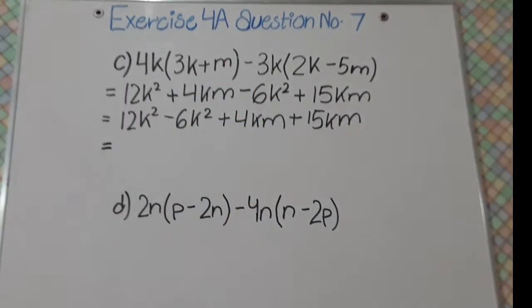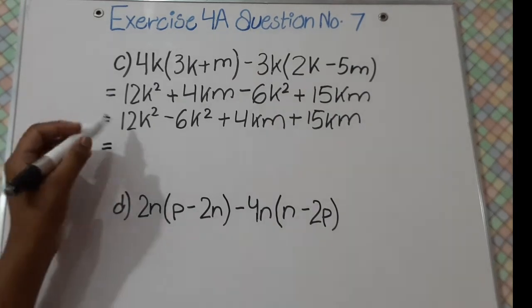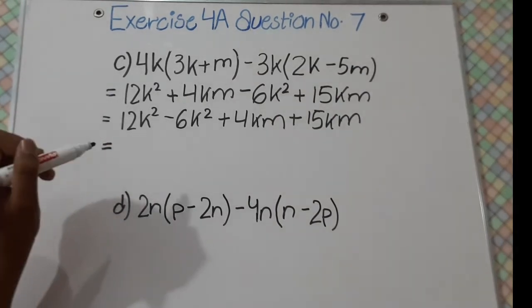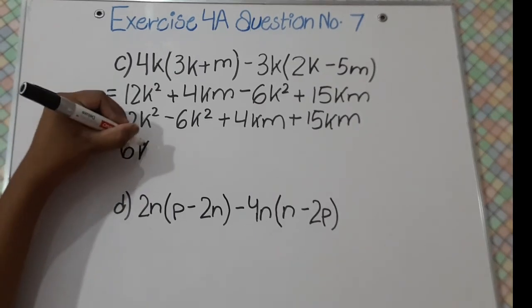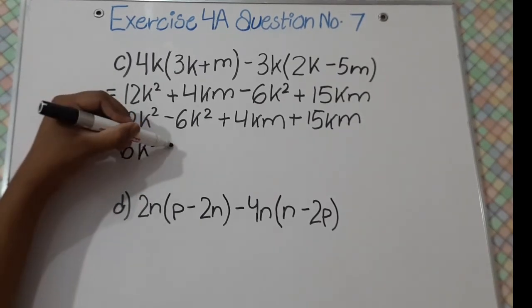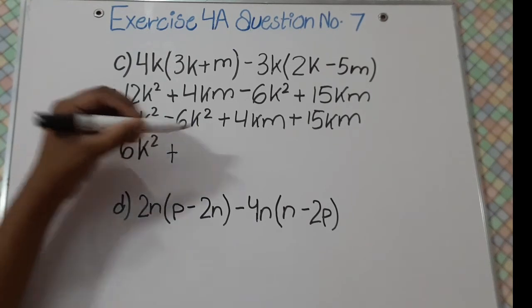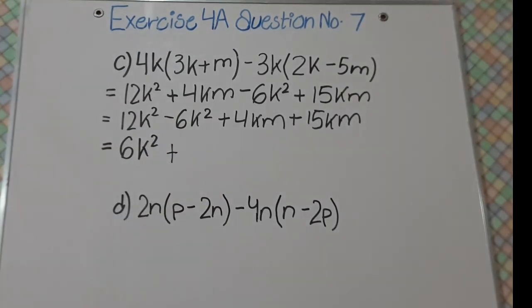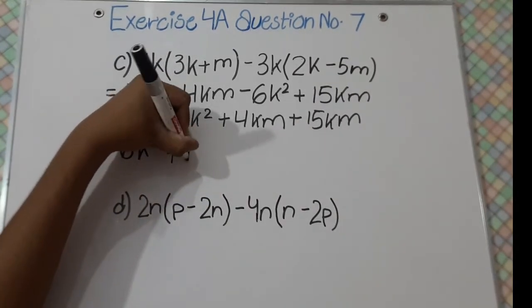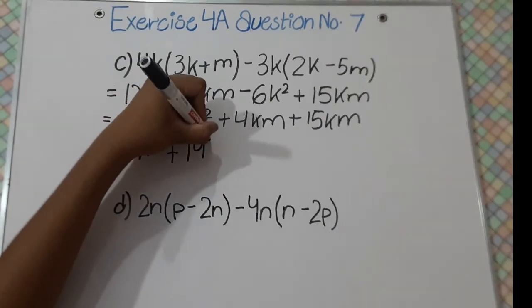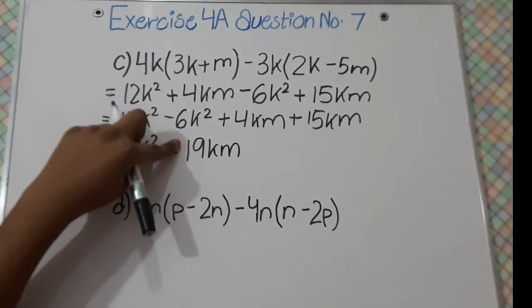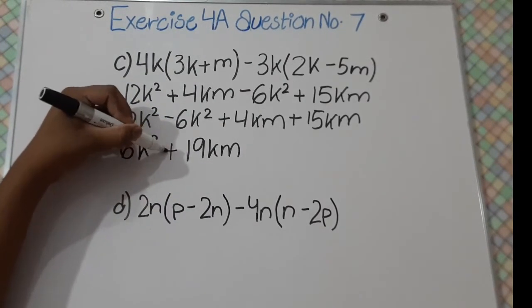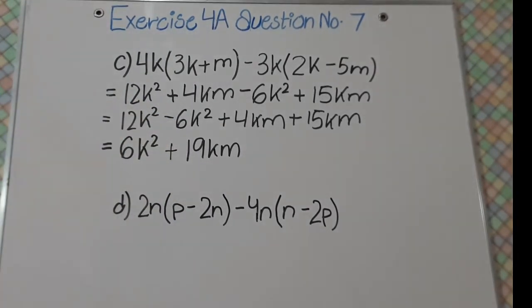Now finally we are going to subtract and add. 12 minus 6 is 6k squared as it is, then plus 4 plus 15 is 19km. So 6k squared plus 19km is the final answer for part C.